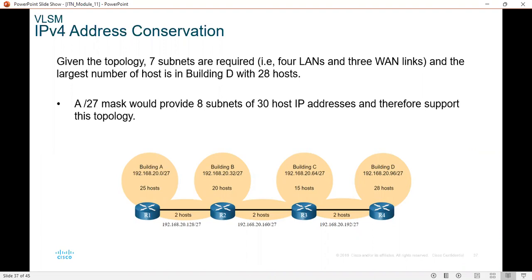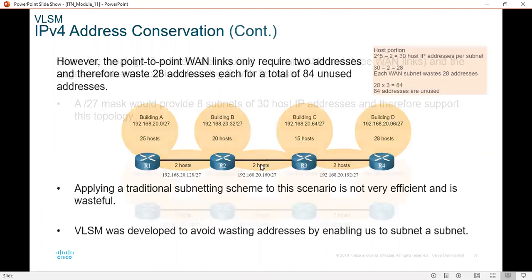So you can vary your prefix length depending on need. You can see here that between these two routers, I use the subnet mask of /27. But since I only have a router here and a router here, definitely I'm dealing with only 2 hosts.